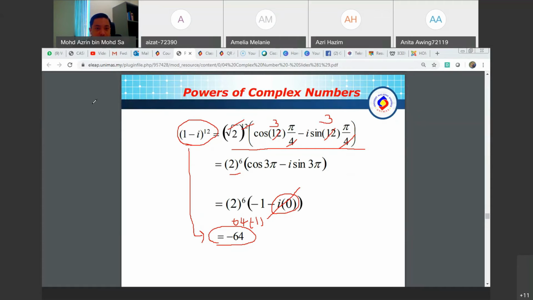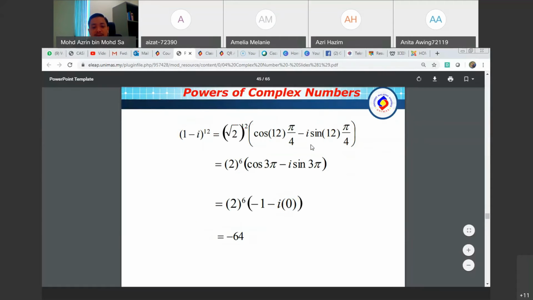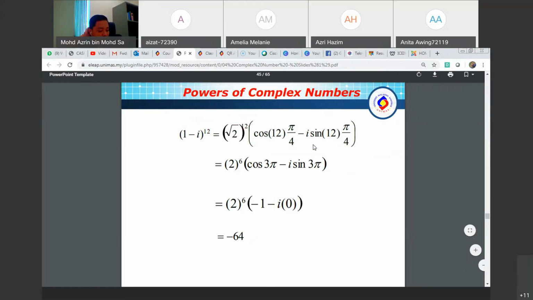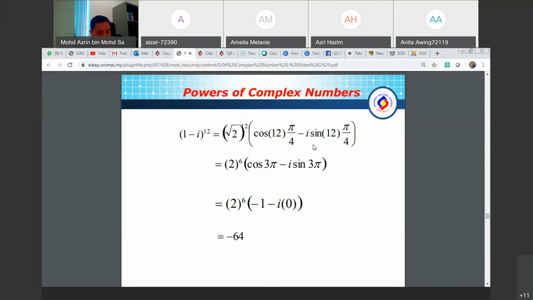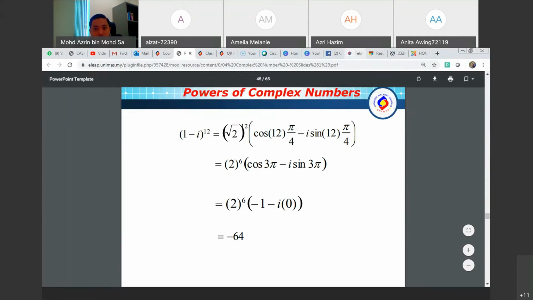Okay. Right. So that is the de Moivre theorem. Simple je kan? Cuma dia kena hafal step dengan kena hafal formula how to express in terms of de Moivre theorem. Okay, kena buat mula-mula daripada complex number.